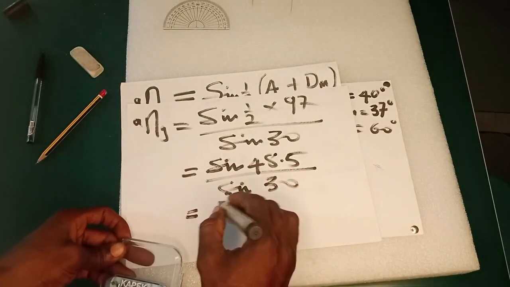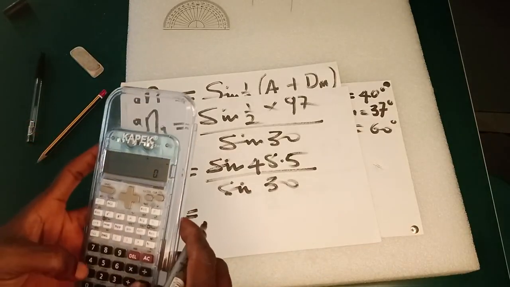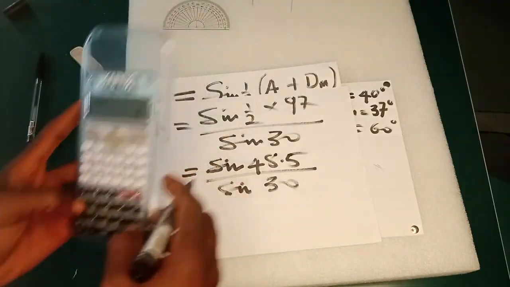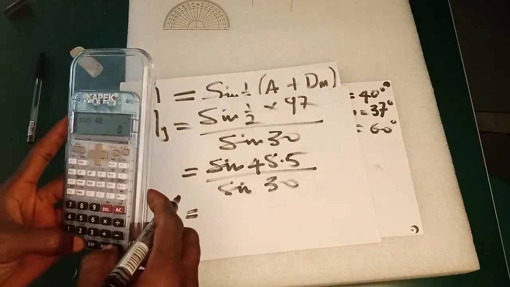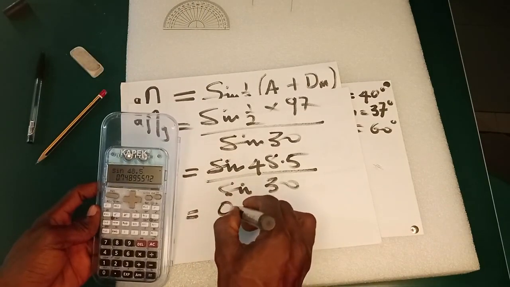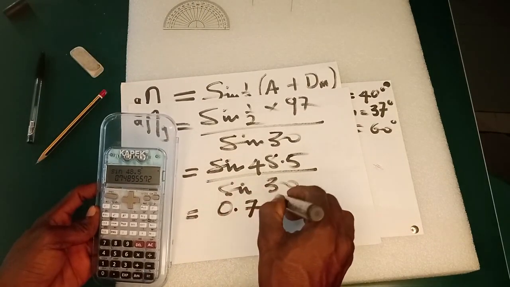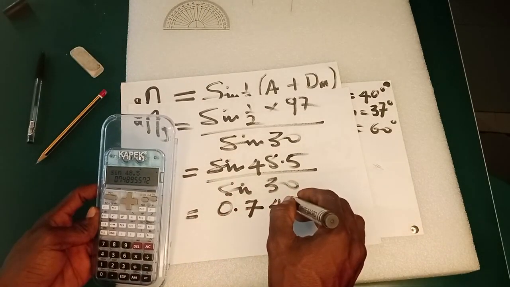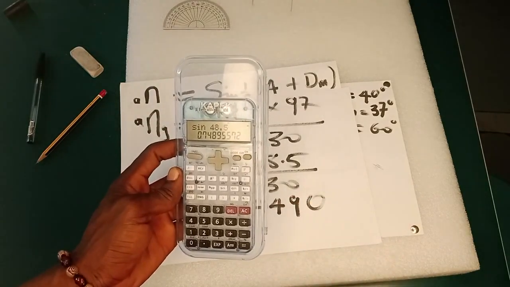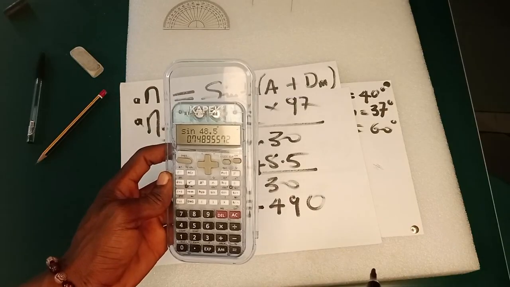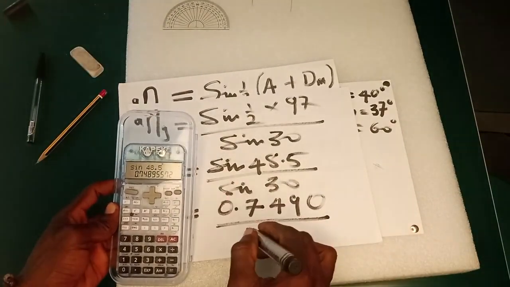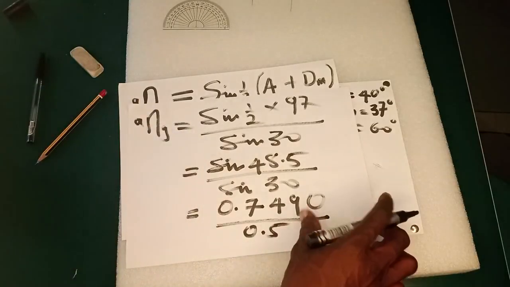If you do that, sine 48.5 will give you 0.7490. 0.7490 divided by 0.5.